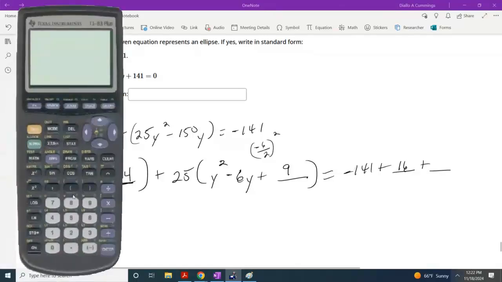And then 25 times 9, right? I added that to my left-hand side. I also have to add to my right-hand side. So 25 times 9 is 225, so I must add 225 to my right-hand side.